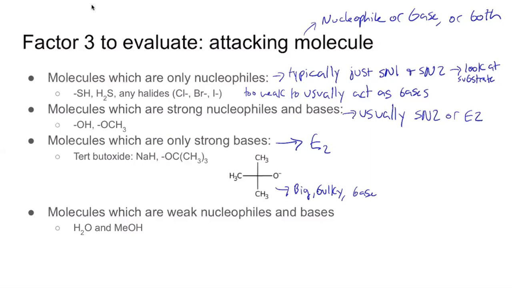And then lastly, we have molecules which are both weak nucleophiles and weak bases. And these two examples might look familiar, H2O and methanol. You might recognize them as they're both polar protic solvents. If you remember from Friday, we talked about solvolysis reactions, where you might have a polar protic solvent that actually acts as either the nucleophile or the base in a reaction.